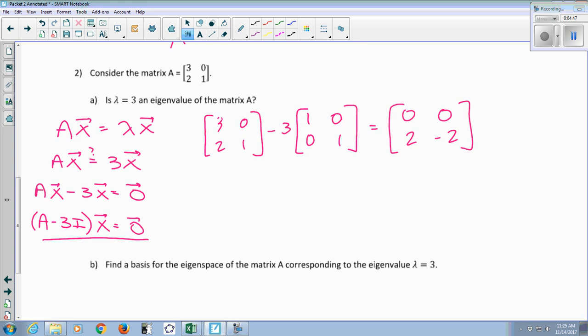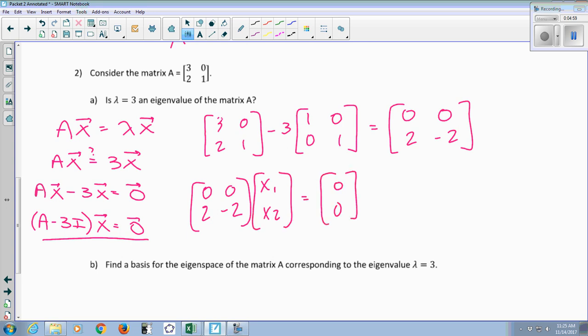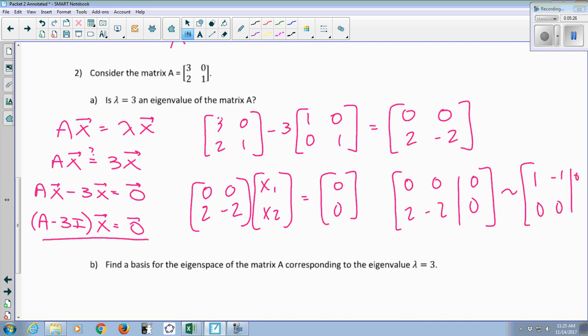Okay, so now I want to solve the matrix 0, 2, 0, negative 2 times (x1, x2) equals (0, 0). You just augment and row reduce, and that row reduces to 1, 0, negative 1, 0, 0, 0.